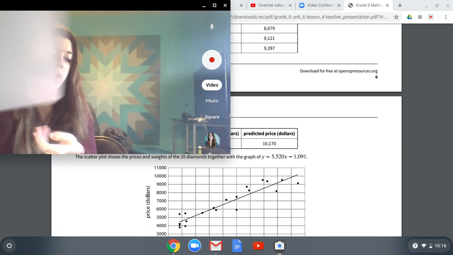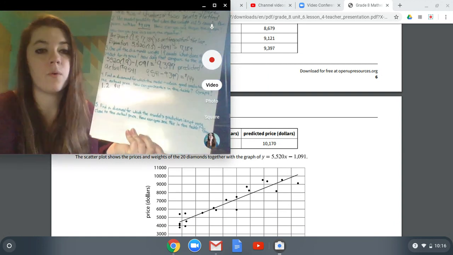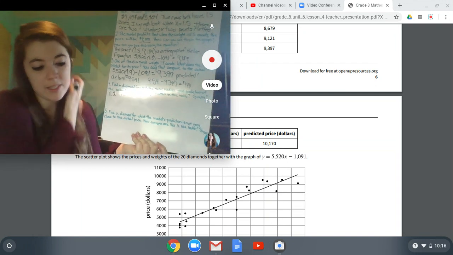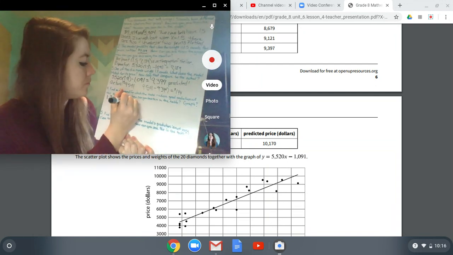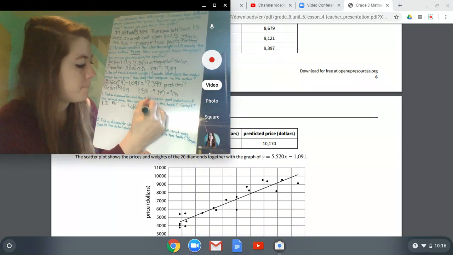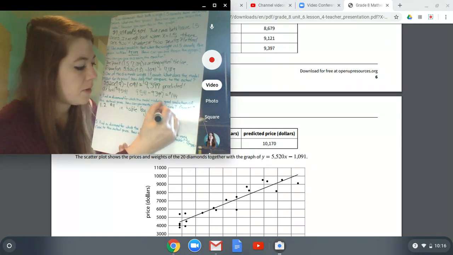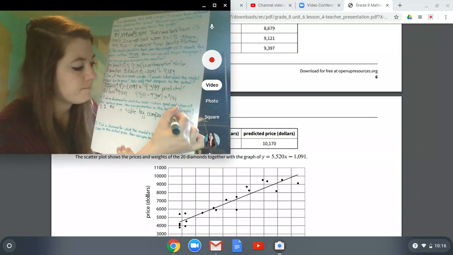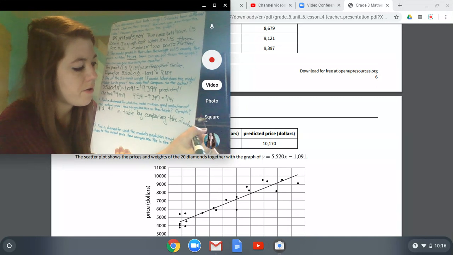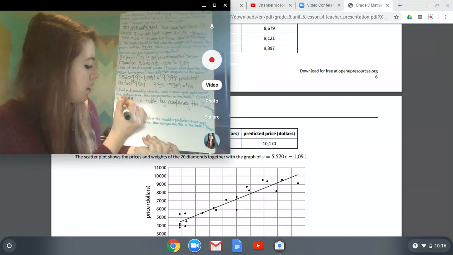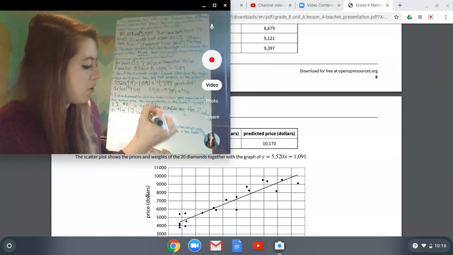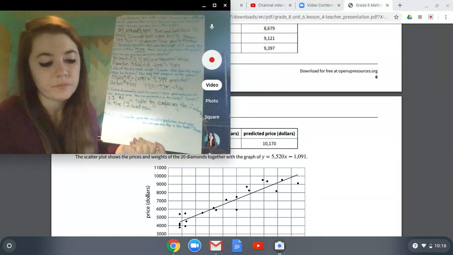So, thinking back on all of those, the one that we said was the closest was the 1.2 carats. It only had a difference of $11. So we can see that in the table by comparing the two columns in the 1.2 carat row.